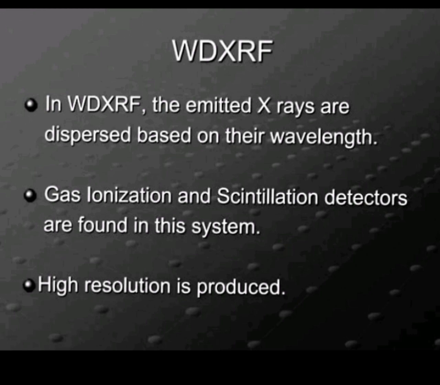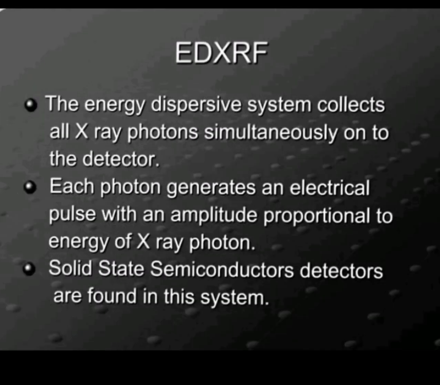Number 3, high resolution is produced. EDXRF. The energy dispersive system collects all X-ray photons simultaneously onto the detector. Each photon generates an electrical pulse with an amplitude proportional to the energy of the X-ray photon. Solid-state semiconductor detectors are found in this system.